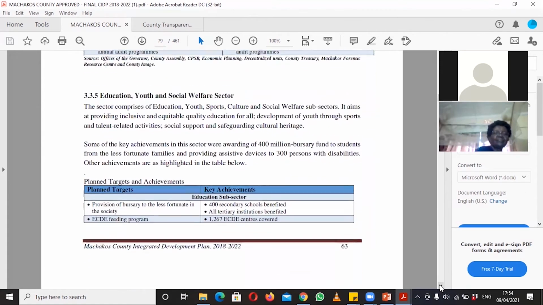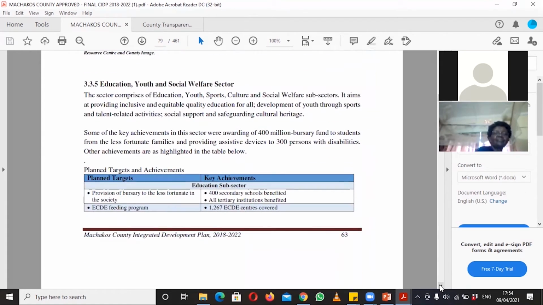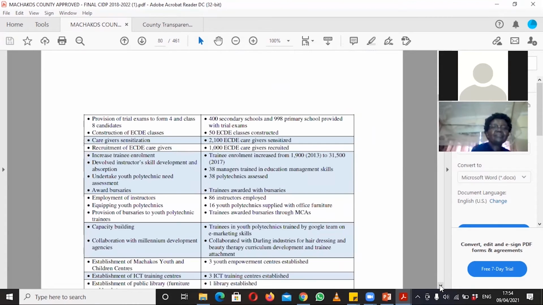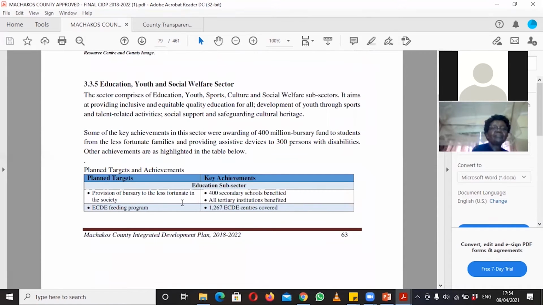Even you can see education, youth, and social welfare, with the planned targets and the achievements. They are saying that provision of bursary to the less fortunate in the society, 400 secondary schools benefited, all tertiary institutions benefited.